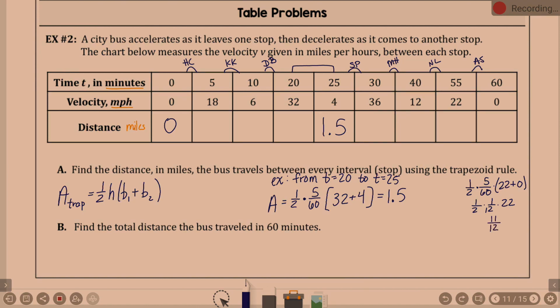Now, I do have decimals on my page, just so you know. I assume I did my math right in that. Yay! I got 1.6. Where are you at? 1.6 repeating.